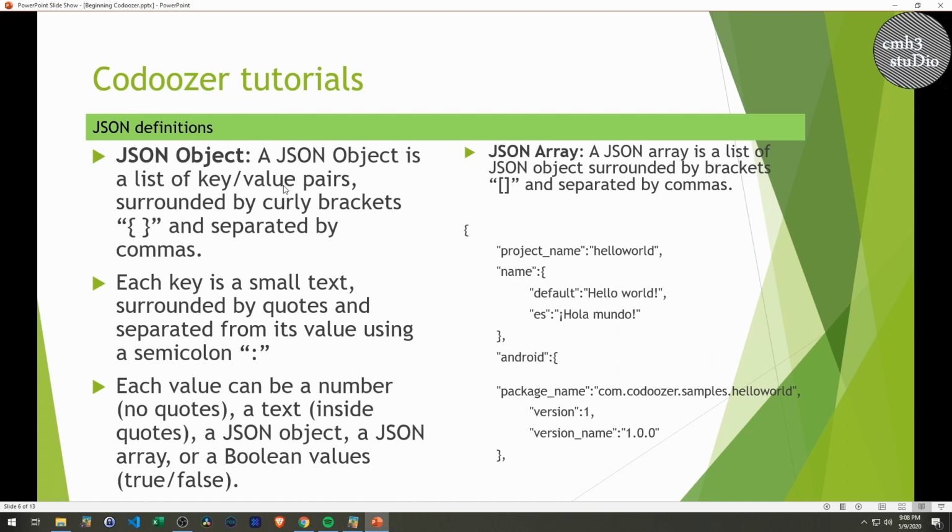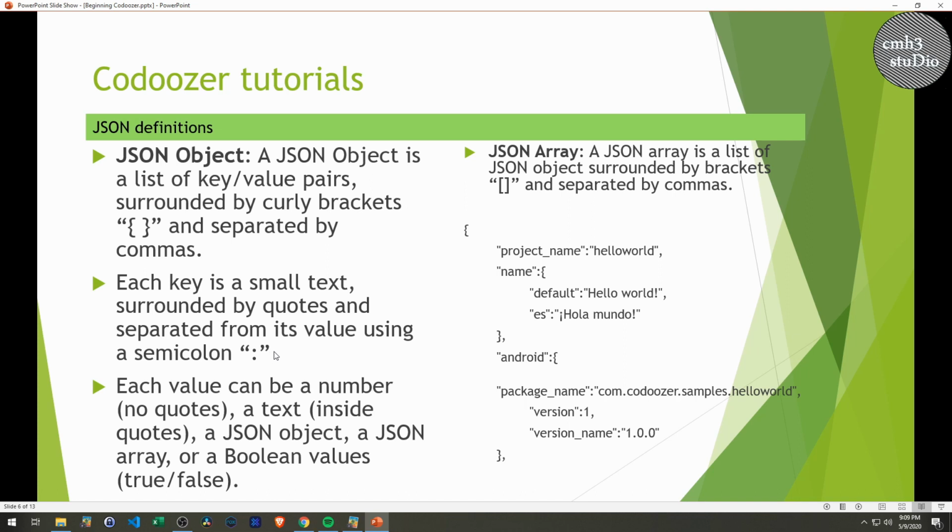And just to talk about again, JSON is what this is made out of: JSON objects and JSON arrays. Those JSON objects commonly have key value pairs, surrounded by curly braces. Now you don't have to type all these curly braces, it's going to do it for you.